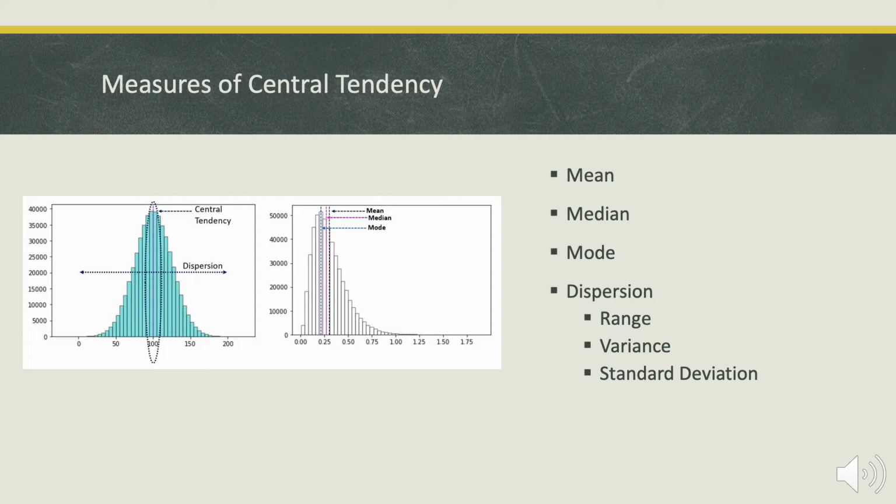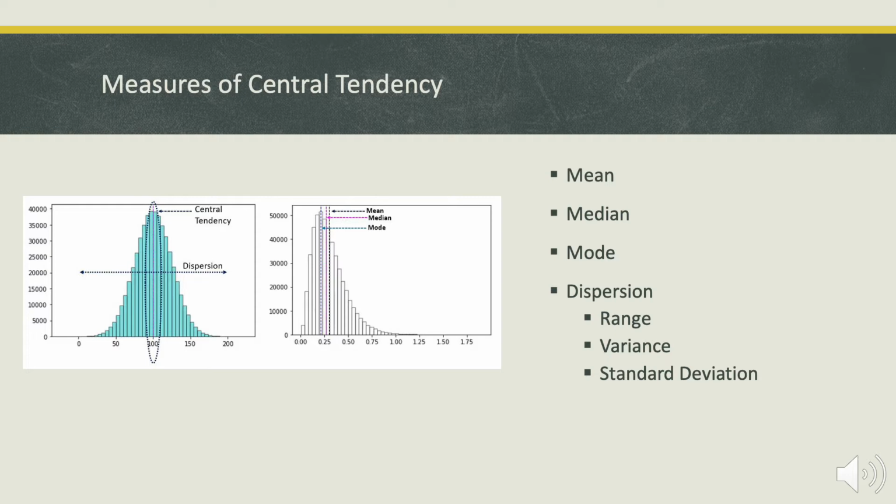The next thing we have to look at is the variance. To find the variance, it's the average of the squared differences from the mean. Basically, the variance is a way to see how the individual numbers relate to each other within the data set, and it can also help determine the size of the spread. And then the last thing in dispersion is standard deviation.